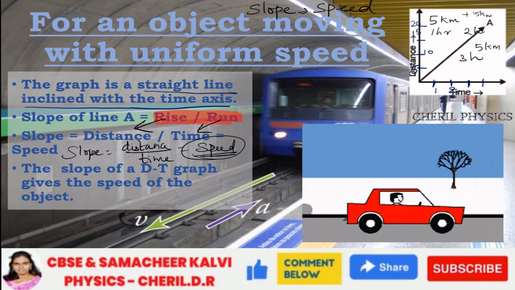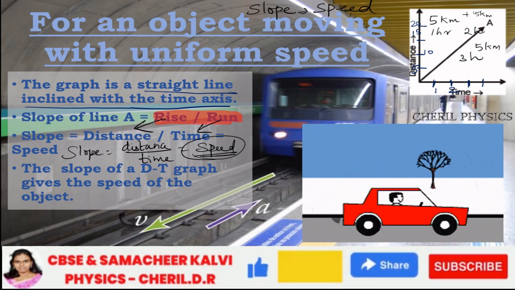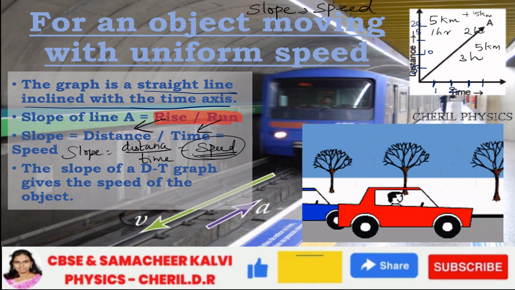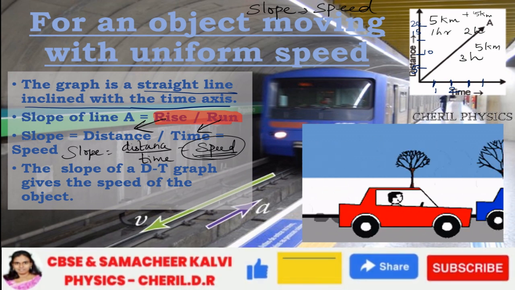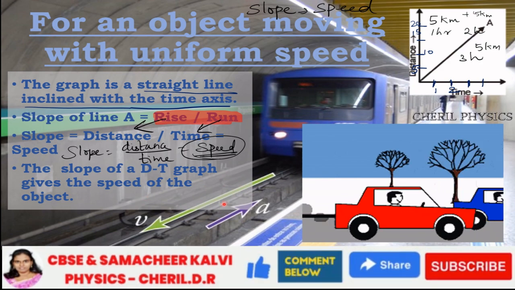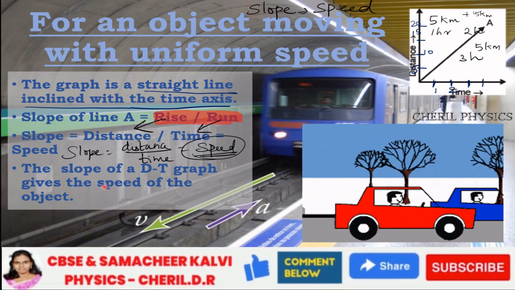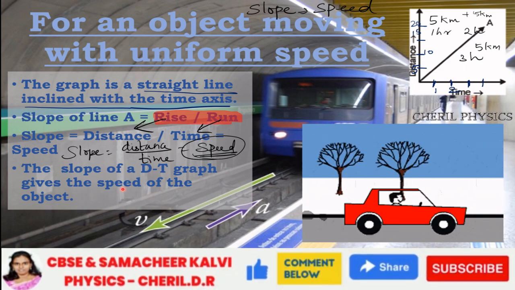When will the slope be 0? When there is no speed at all. If there is no speed, it means that the object is at rest. That is why we got 0 slope in the previous case. So the slope of a distance-time graph gives the speed of the object. This you will have to remember.